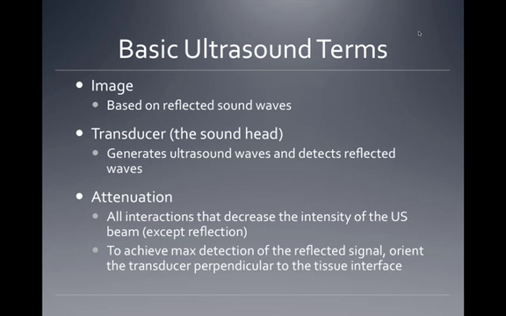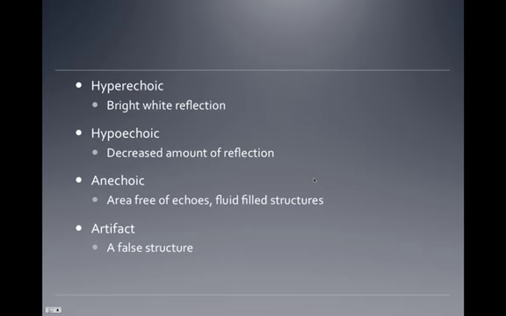So one of the things we want to do is achieve maximum detection of that reflected signal. We've got to have the transducer perpendicular to the tissue interface. You'll see as we look at these images that just the smallest movement of your wrist, heel-toeing or moving the sound head back and forth, makes a big difference in how good an image you see. That's because of this attenuation and reflection.